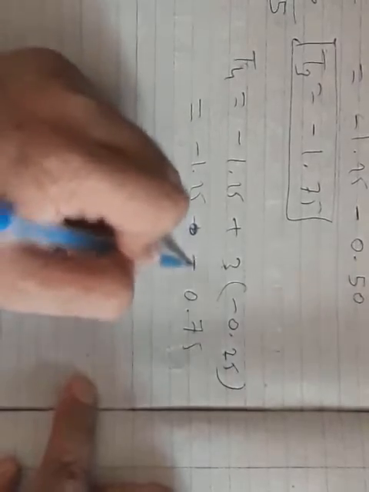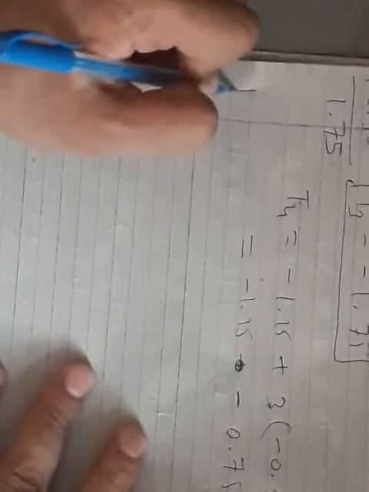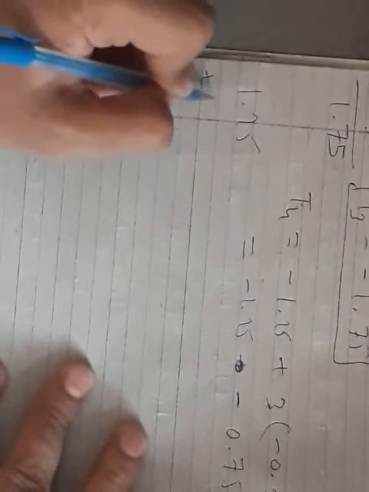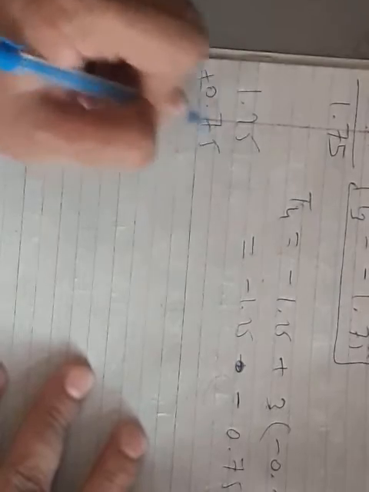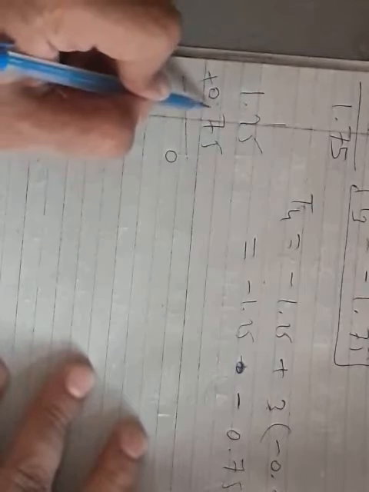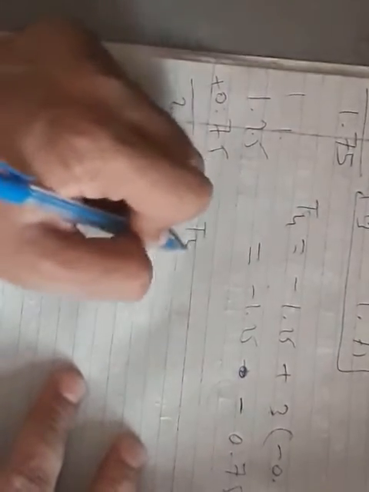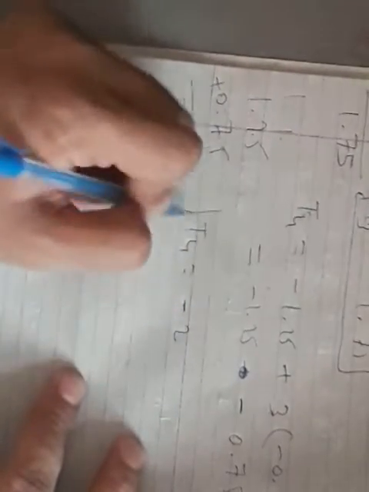And plus minus minus, again we have the same sign, so we are going to add them. 1.25 plus 0.75. 5 plus 5, 10, 1 is remaining. 7 plus 2, 9. 9 plus 1, 10, 1 is remaining. 1 plus 1, 2. So the fourth term becomes minus 2. We don't need to write 0.00. It is minus 2.